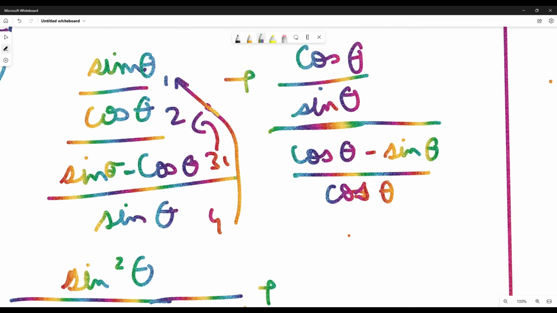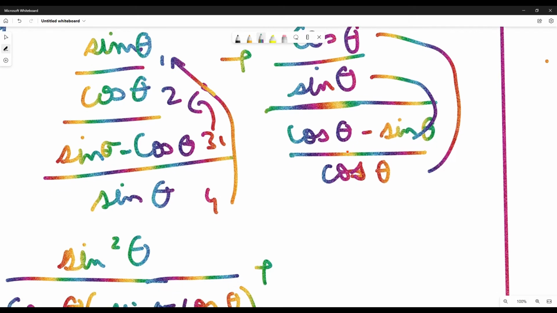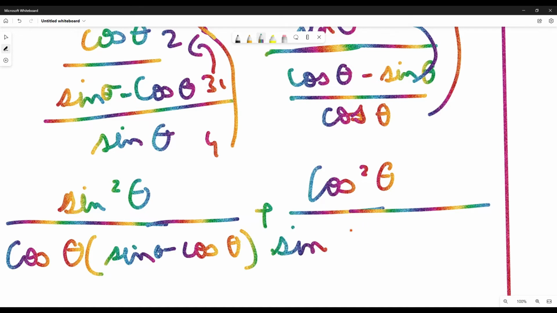Same thing here, cos into cos, sine into this term, right? So cos into cos basically is cos square theta upon sine theta, cos minus sine. So it is basically the opposite of this.